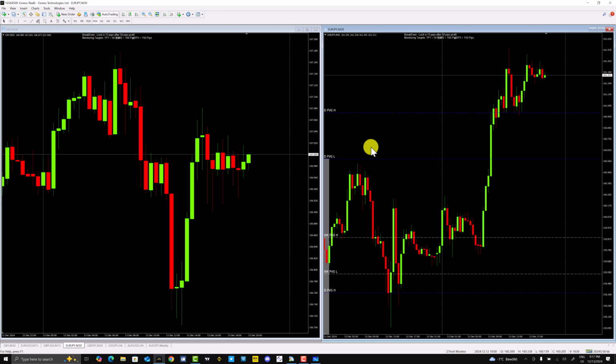The euro yen would also be rising, depending on where it is at the market, or what the market structure is telling you. We have about 80% of the time getting it right, for the euro yen and the pound yen to rise when the dollar index is ranging.